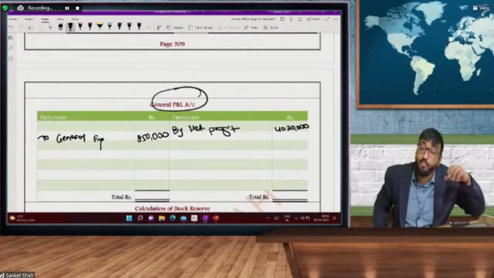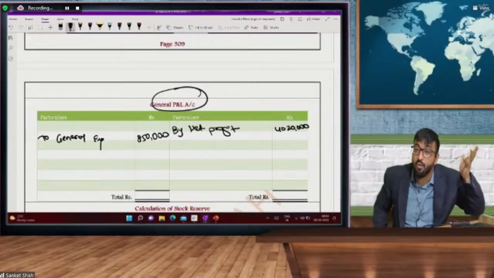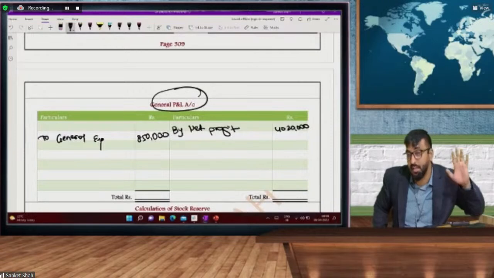When you prepare the whole company's profit and loss account, you will never consider internal transfer, because it's among departments only. So you should not show it in the consolidated profit and loss account.